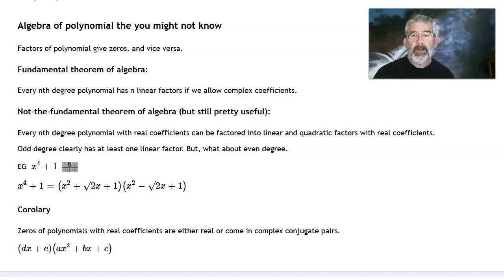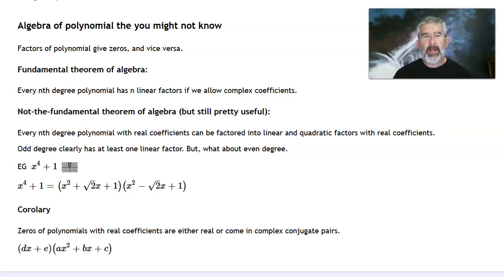First of all, I want to remind you that factors of a polynomial are in one-to-one correspondence with zeros or roots of the polynomial, right? A zero or a root is an input value, so a value for your independent variable, that makes the output variable be zero. So you can think of it as an x-intercept.